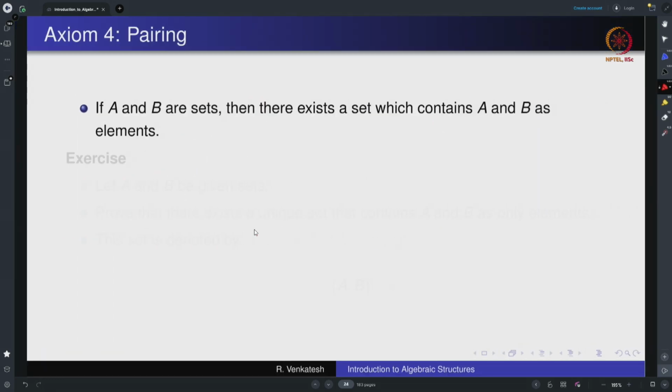The fourth axiom talks about pairing. If A and B are sets, then there exists a set which contains A and B as elements.